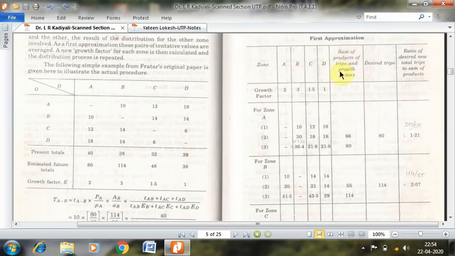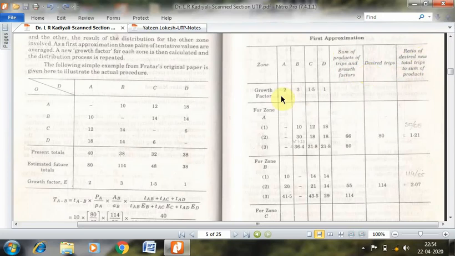You'll get to know what this actually means as we proceed ahead. The next column would be the desired trips, and then the last column would be the ratio of the desired new total trips and the sum of the products. Basically the ratio of these two columns.